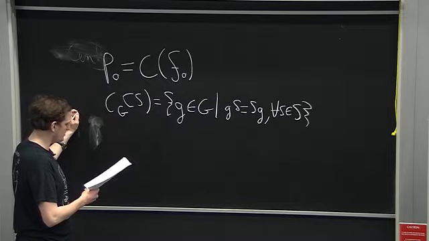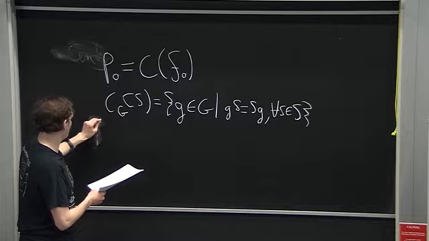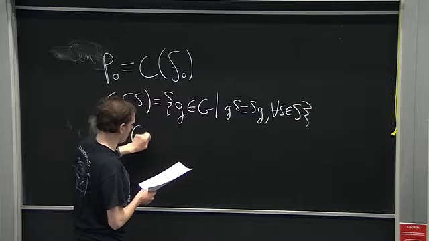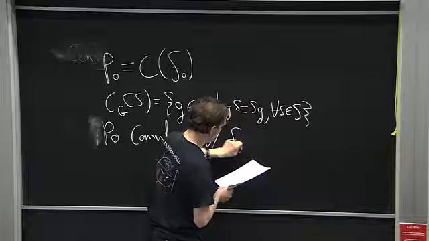All right, so then from here, we can show that P0 commutes with F0.